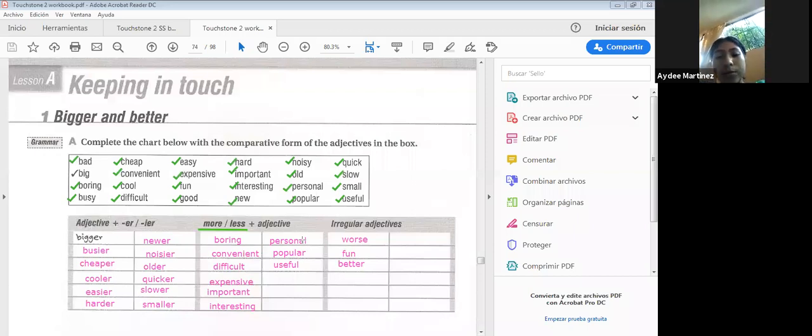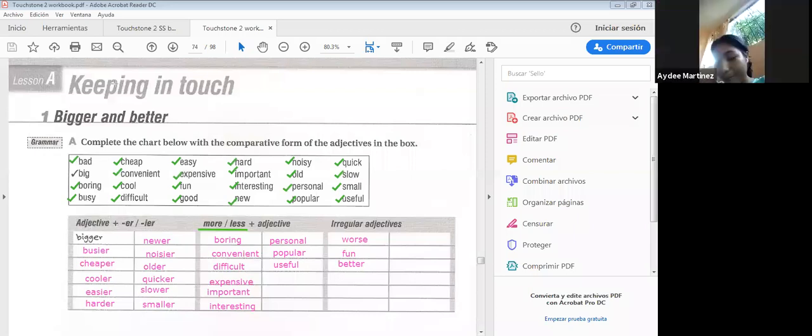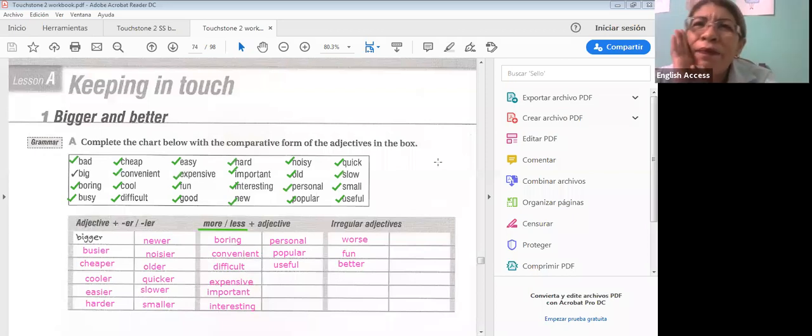Can you see? Yes. Okay, so one more time. Acapulco is expensive. Aide, pay attention to the chart. I want you to look at the screen. I underline the words. Can you see the words that I underline? Yes or no, Aide? Yes. Okay, tell me the words that I underline.